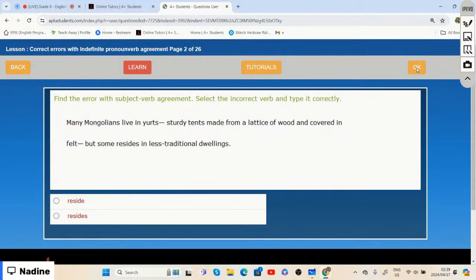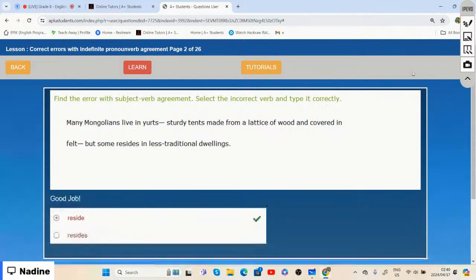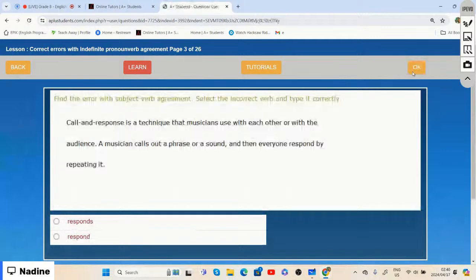All right, so we must say, so many Mongolians, right? We can say they reside in less traditional dwellings. So reside, not resides, reside.